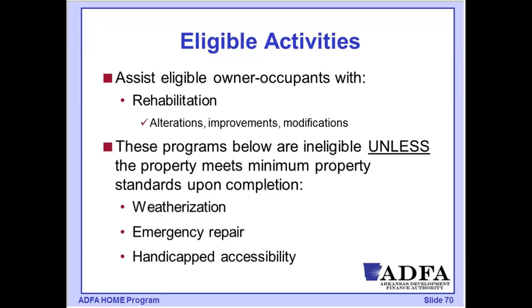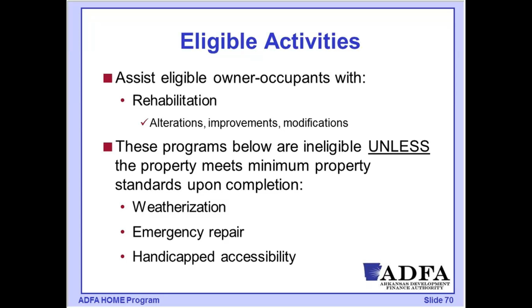For those of you that may have worked with other programs, one of the key things to understand about the HOME program is that when you assist a property, when you work on a HOME-assisted unit, when you have completed it, you will have brought the entire unit up to standards.